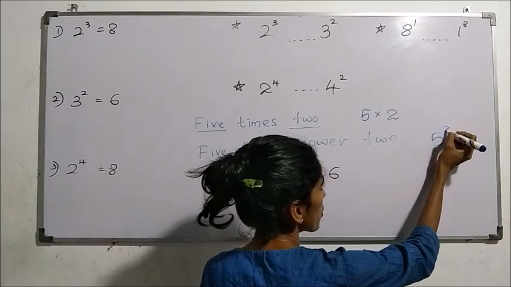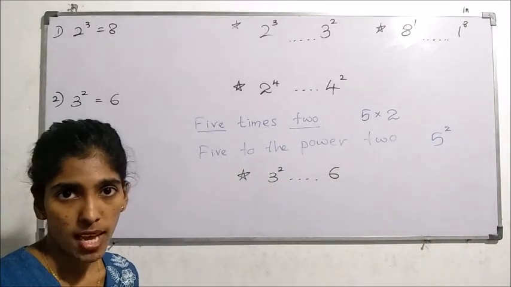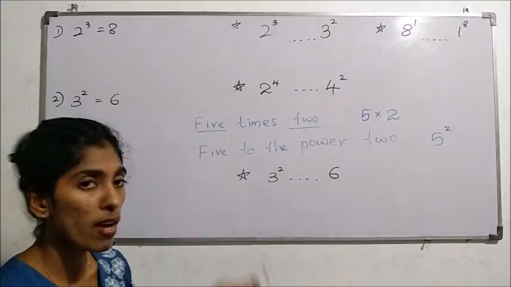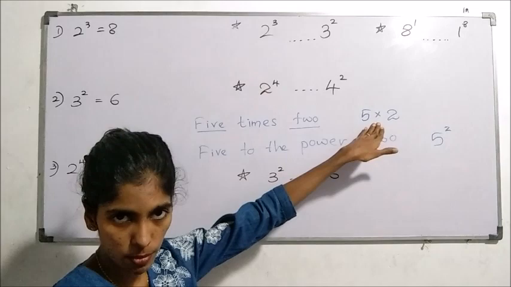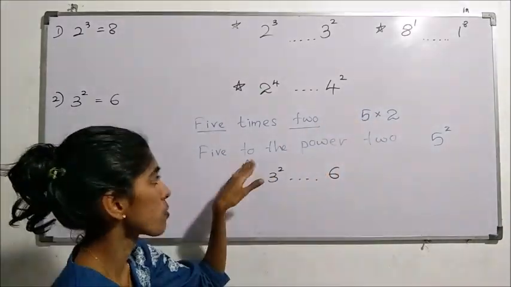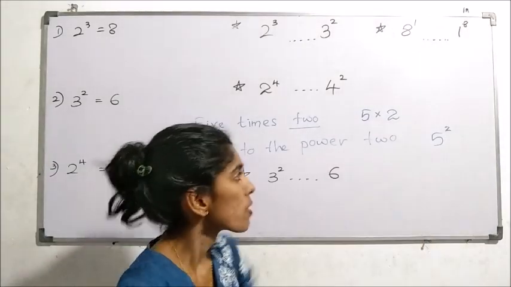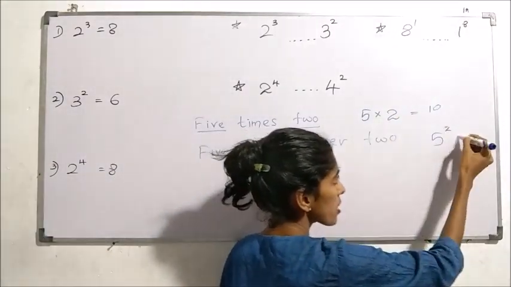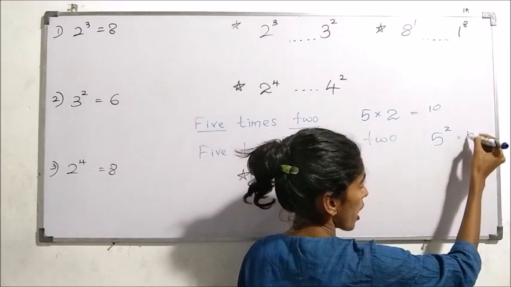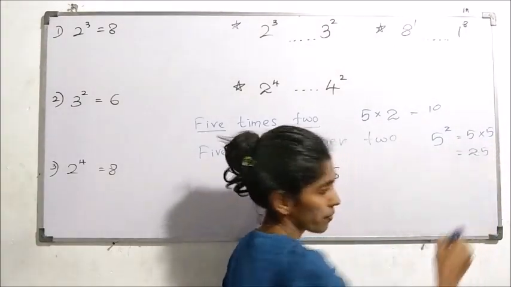See, answers can be the same, but they give us two different ideas. This is just a multiplication, and this should be written in index notation. When we multiply 5 by 2, 10 comes. 5 multiplied by itself is 25.